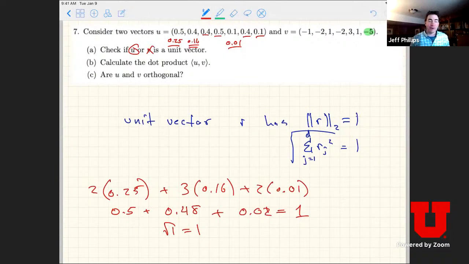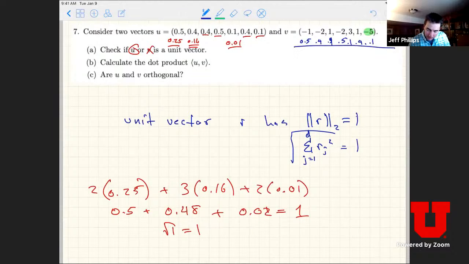Okay, calculate the dot product of U and V. The dot product of these is just the sum. Let me do it this way. I'll write them underneath here, and then we'll add them up. 0.4, 0.4, 0.5, 0.1, 0.4, 0.1.